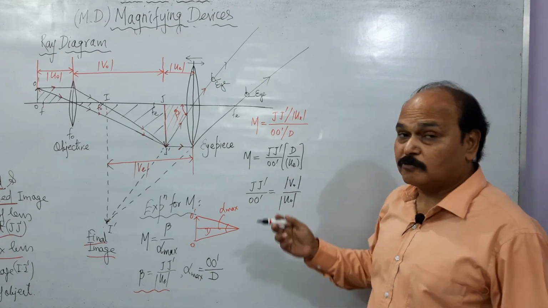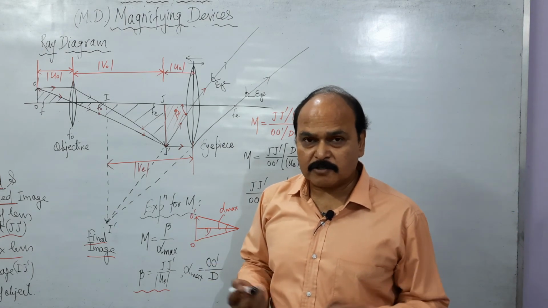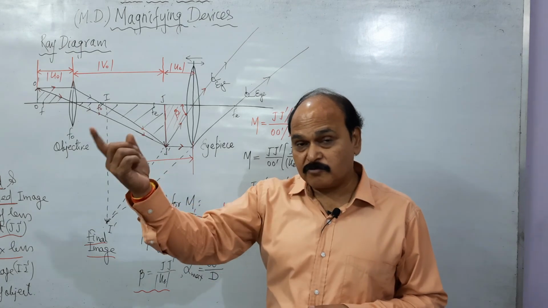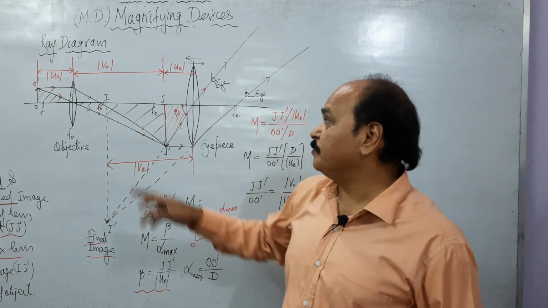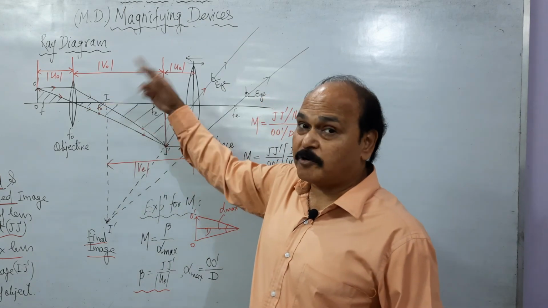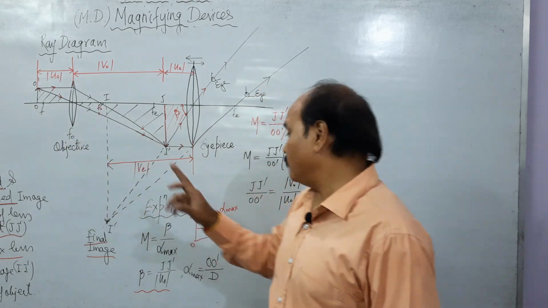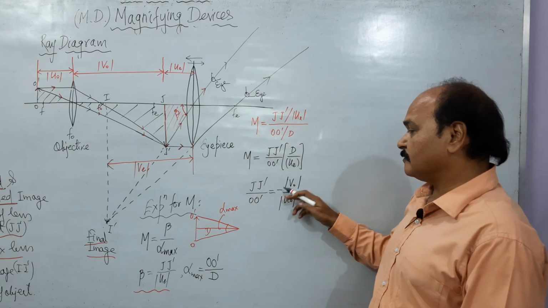Well, we also know the expression for M, magnification due to a convex lens or simple lens. It is the ratio of image distance to object distance, V upon U. And as per sign convention, this V naught is going to wear positive sign, and this U naught is going to wear negative sign. So overall sign for this ratio would be negative.